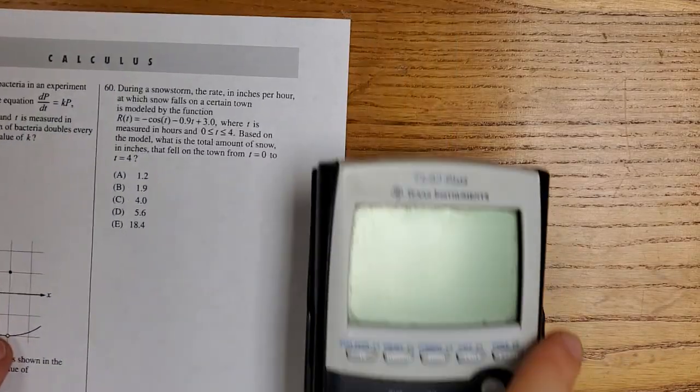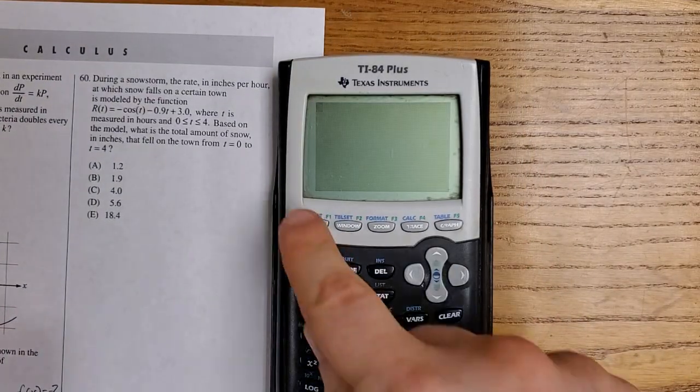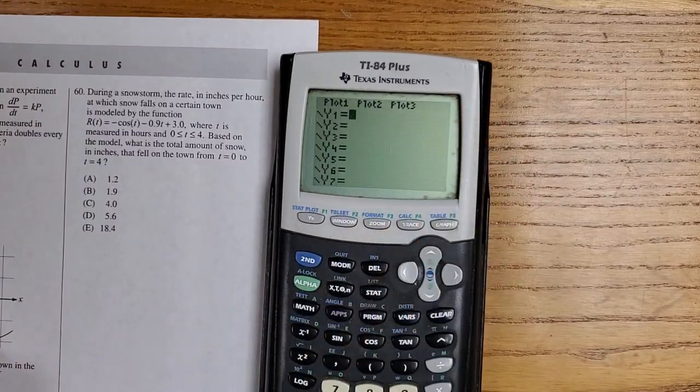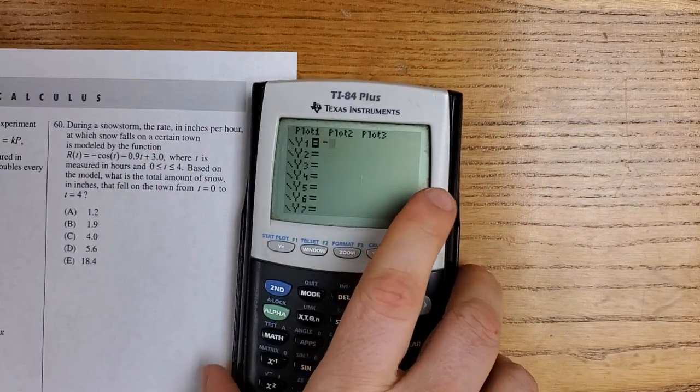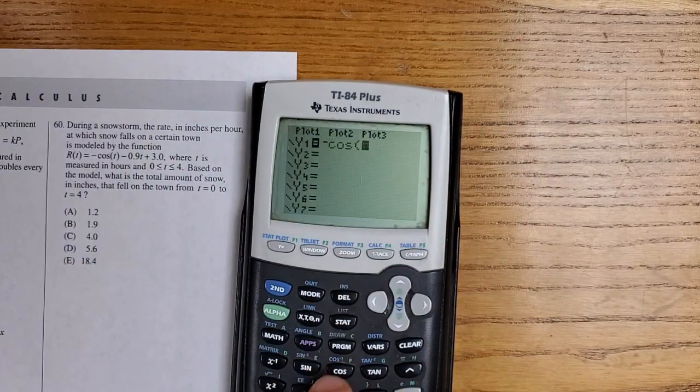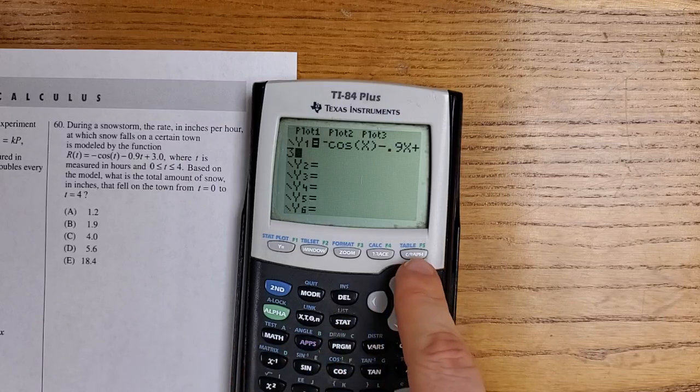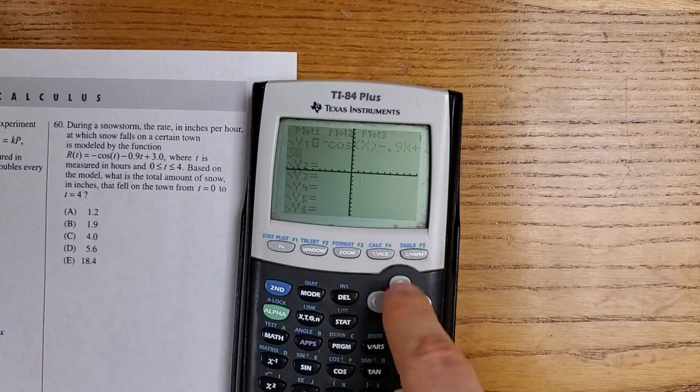And that's a grand mess, but because this is the calculator portion of the exam, we just punch in negative cosine of x, we're on the calculator, so we use x instead of t, minus 0.9x plus 3.0. The 0.0 doesn't do anything at this point.